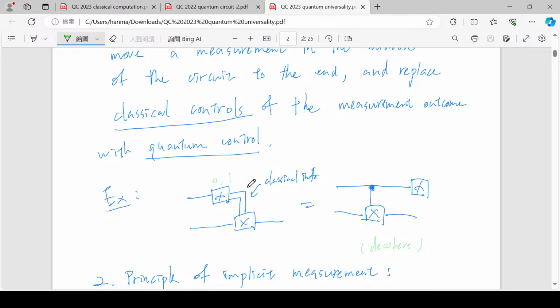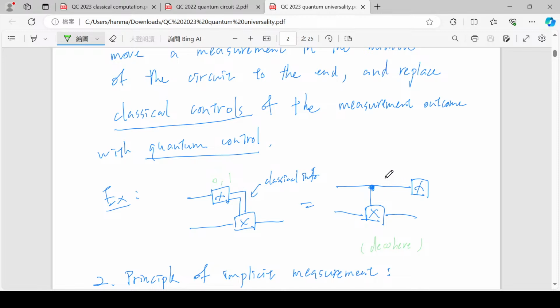But instead of doing the measurement and this classical control of X, you can just do a quantum control of X and then do the measurement. It's pretty easy to check mathematically that these two give you the same thing. By the same I mean the first line will have the same probability of getting 0 and 1 as outcome.